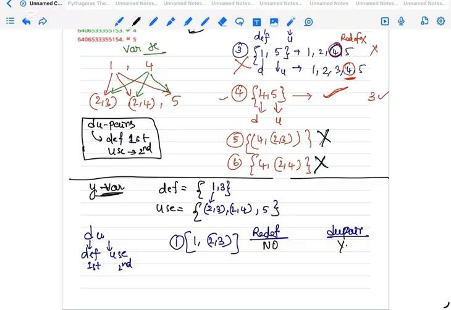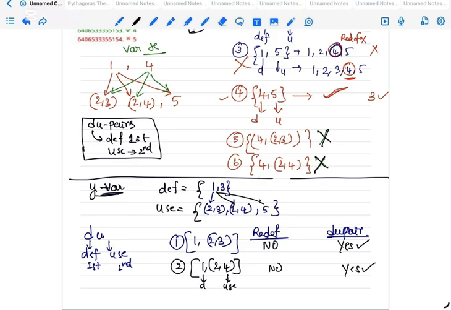So it is a valid du pair, yes. Next, 1 2 2 4: the definition and use with no redefinition, so it is a valid du pair, yes.